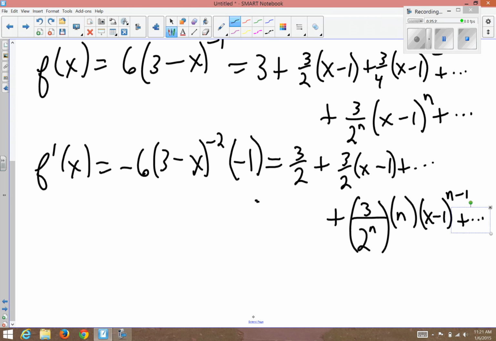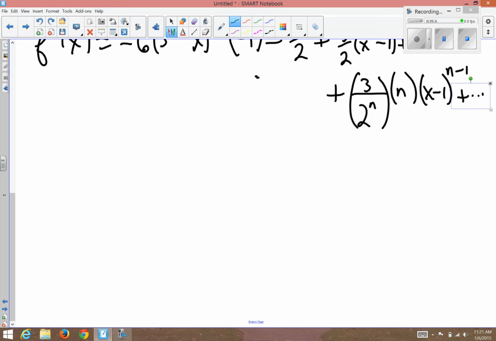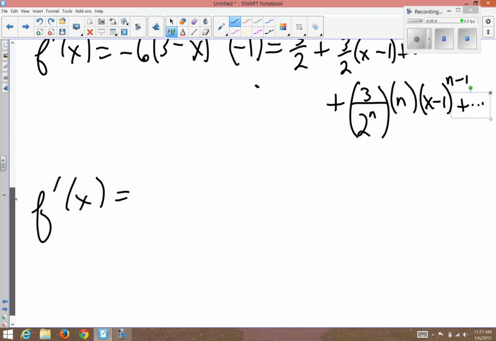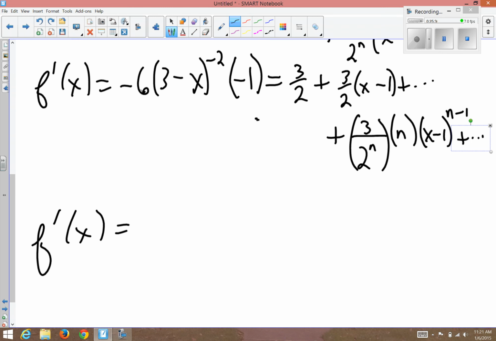All right, so I'm ready to summarize all of the results. F prime of x equals, this middle section here has a negative times a negative, that would be a positive 6. And you can put the (3 minus x) to the positive 2 in the denominator. So the next one is not negative anymore.